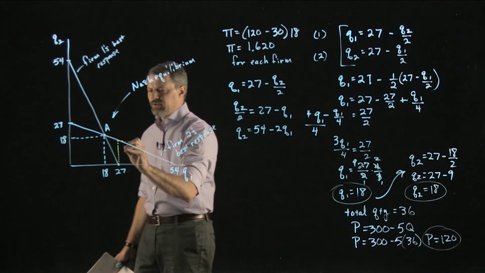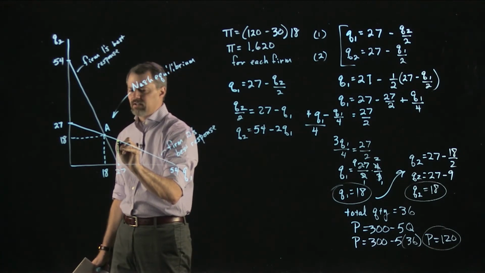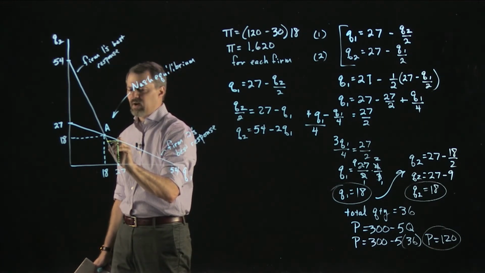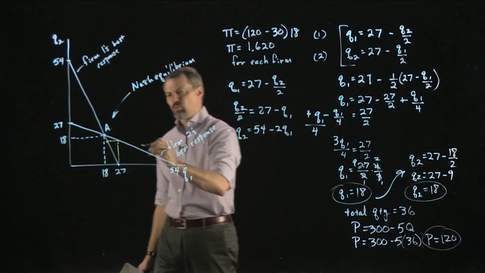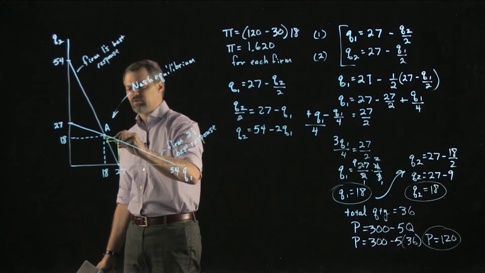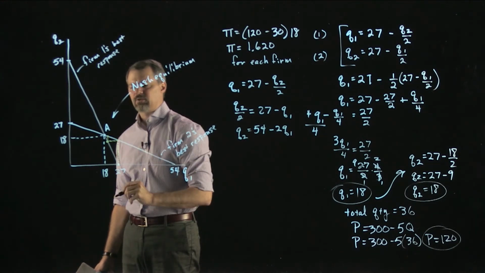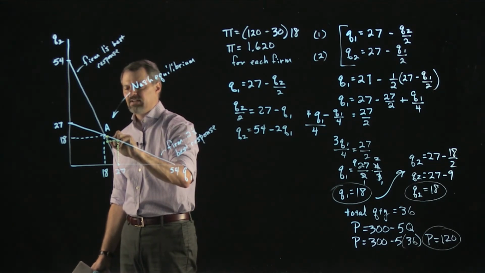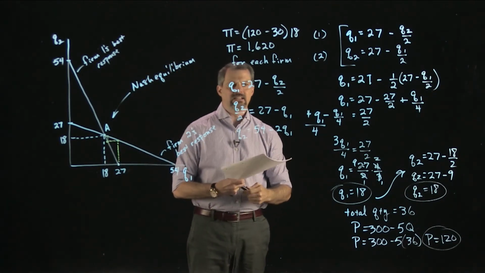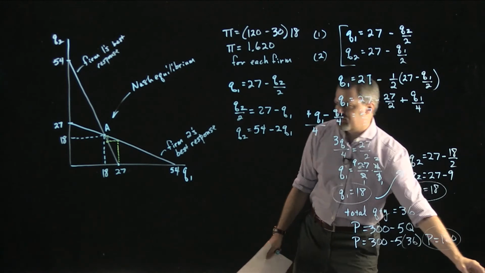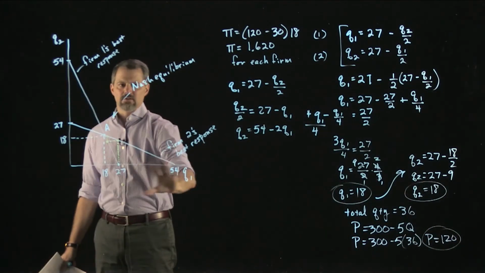Well, if firm 2 is producing this quantity right here, then firm 1's best response is to produce that quantity. But if firm 1 is producing that quantity, firm 2's best response is to produce this quantity. And you can see that these reaction functions lead us right back to point A, regardless of where you start on this picture.